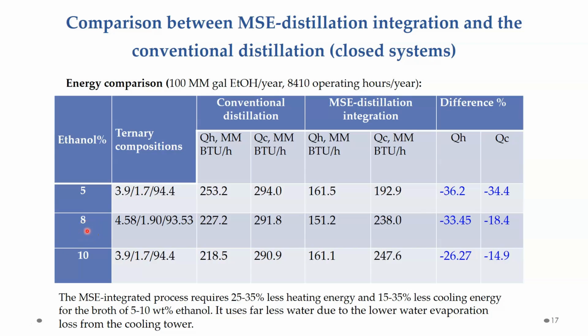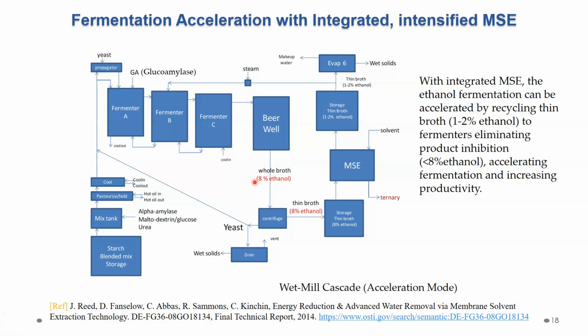In the case of broth containing 8% ethanol and assuming the ternary composition here, the heating and cooling energy of the MSE integrated process is still much lower than the conventional process, and this represents the fermentation acceleration mode. This is the fermentation acceleration mode with integrated MSE for process intensification.